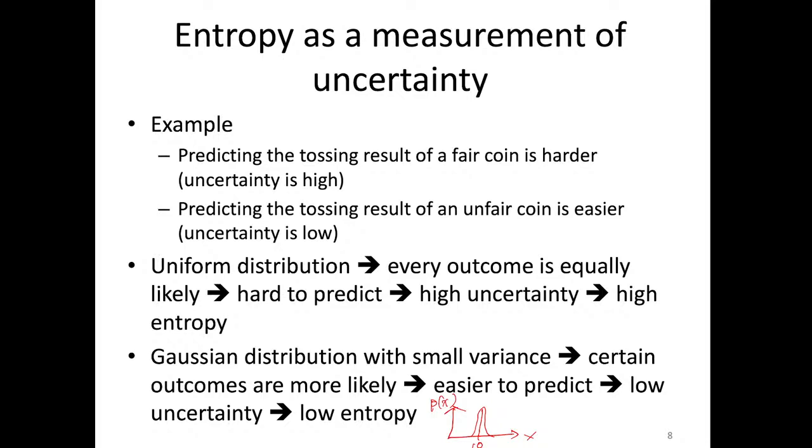You are almost certain that the value will be 10. Let's say the standard deviation is 1, then you are almost sure that this would be probably between 7 and 13. You are very sure that the result should be within this range. So it's easier to predict because you know the value is probably 10 plus or minus. So it has low uncertainty, so it has low entropy because everything is very certain.